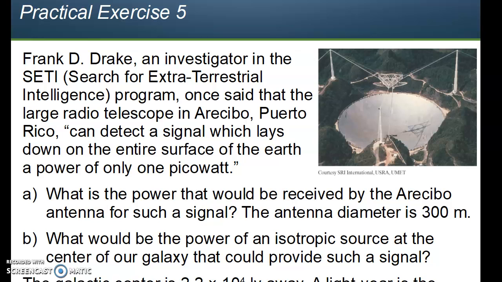So the question is, what is the power that would be received by the Arecibo antenna for such a signal? And the antenna diameter is 300 meters.